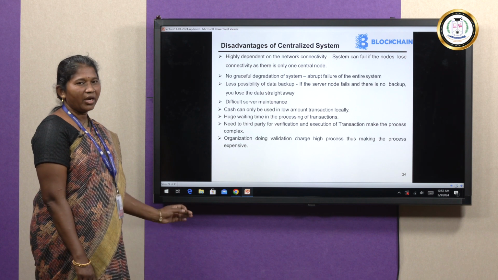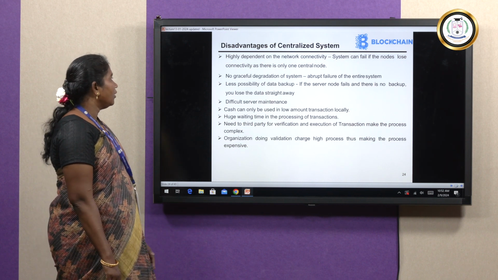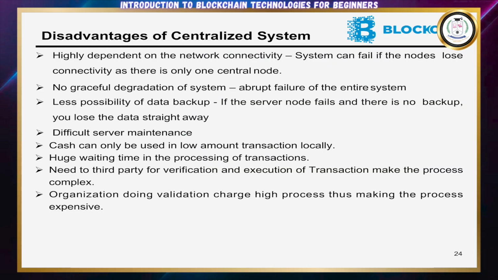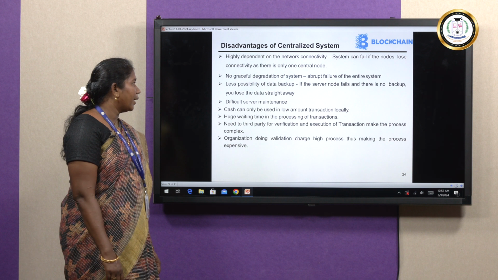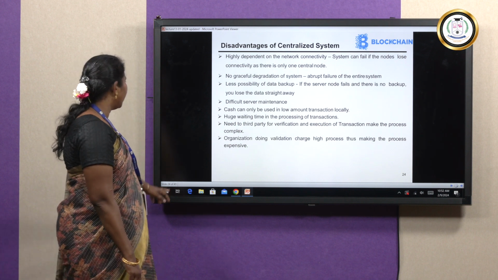That means if any one of the systems fails, the total network will be affected. And the maintenance of the server is also somewhat difficult, with low local transaction volume and huge waiting time for the transactions, and the validation charge will be very high when compared to other networks.